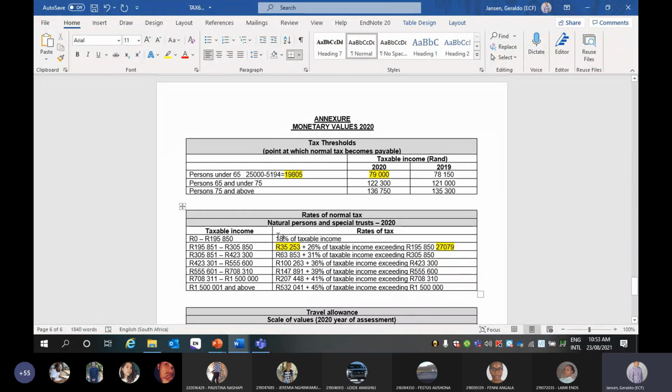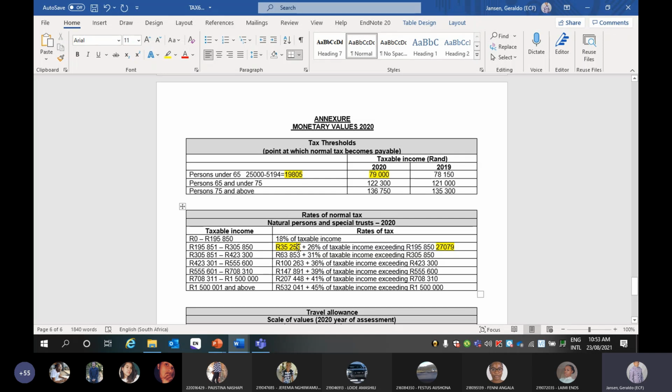And you see there's no fixed amount here. That is probably just to help those people who earn less. Remember, we said tax works on a progressive system. The more you earn, the more tax you pay. Imagine, it's almost like you are punished for making something with your life, or for working harder and earning more. But that is just how life works. The more you earn, the more tax you will pay.